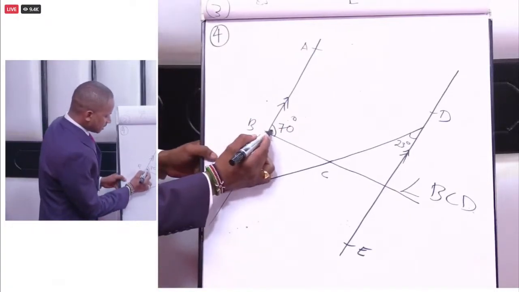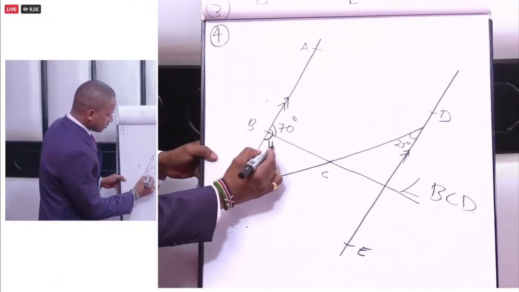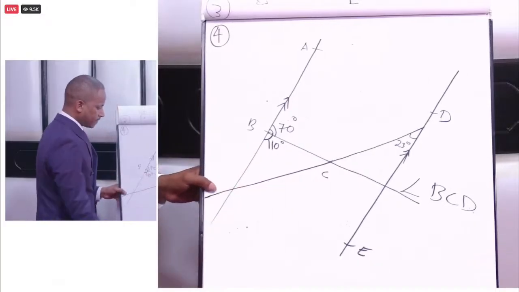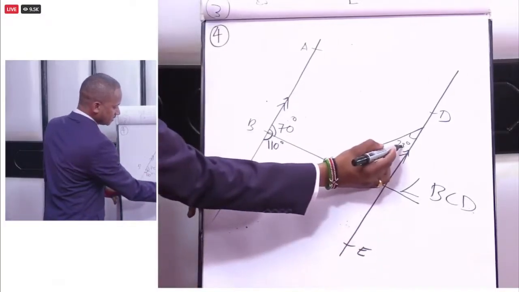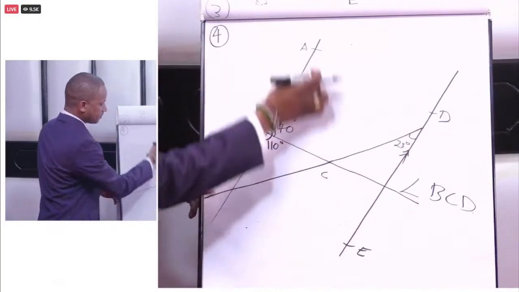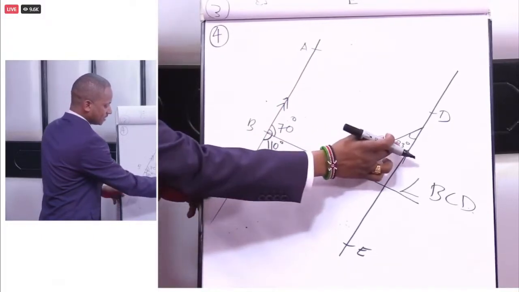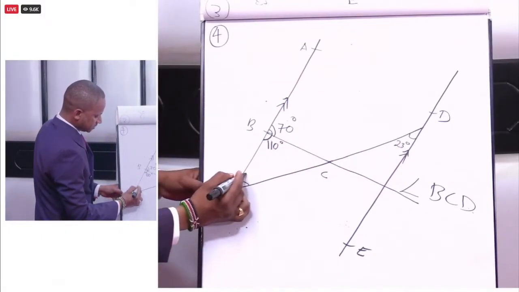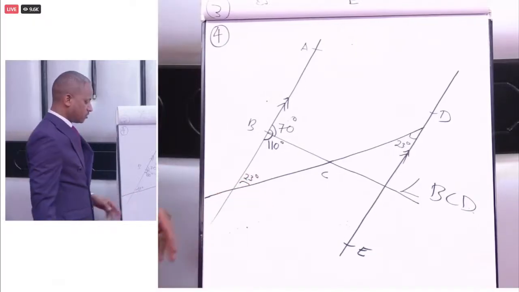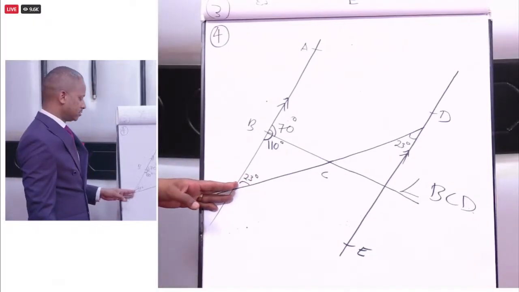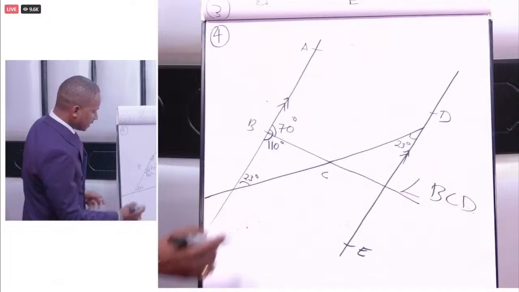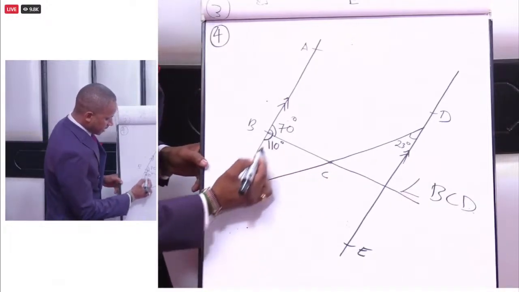So the first rule that we have here, if this is 70 degrees, angles in a straight line add up to 180 degrees. So this angle here is 110 degrees. And if this is 23 degrees and this line is parallel to this line, then this angle is also 23 degrees, which is alternate angles. Then angles in a triangle add up to 180 degrees.